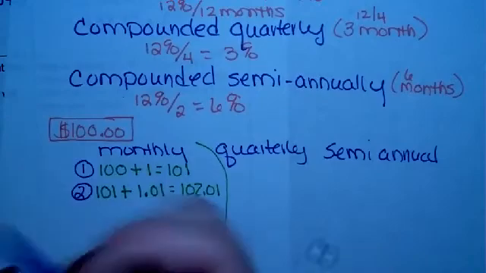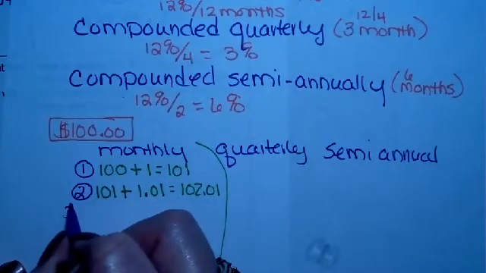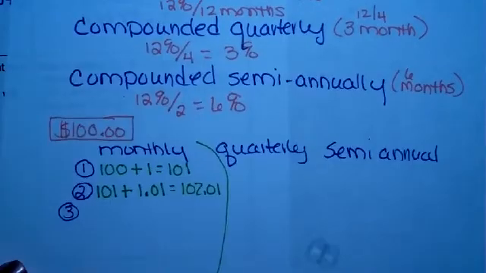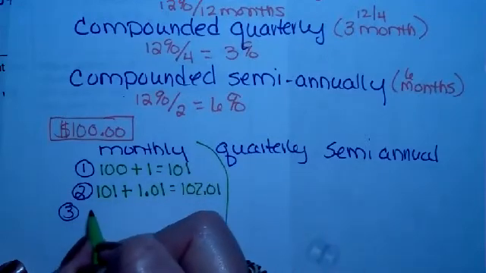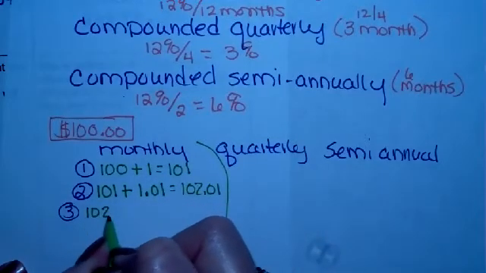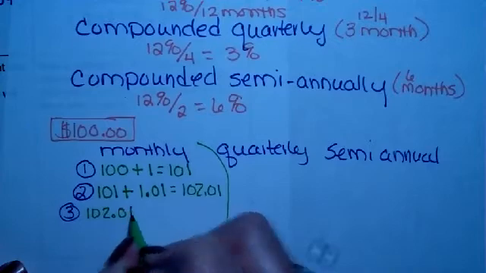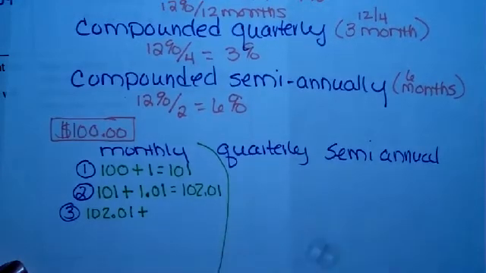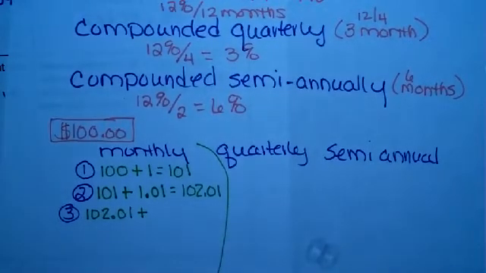Now, at the end of month three, you take the $102.01 and add to it 1% of that.